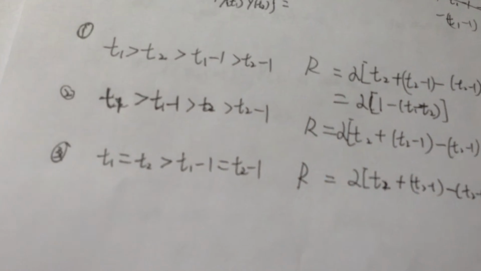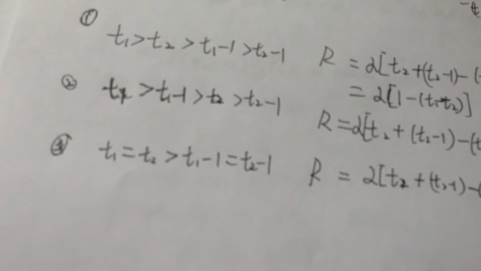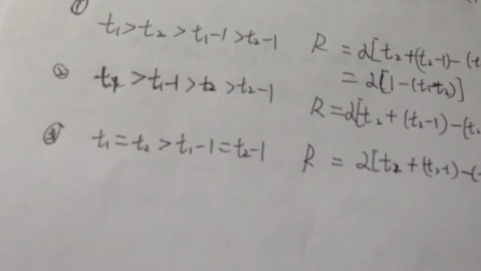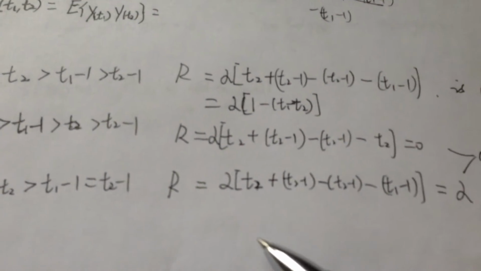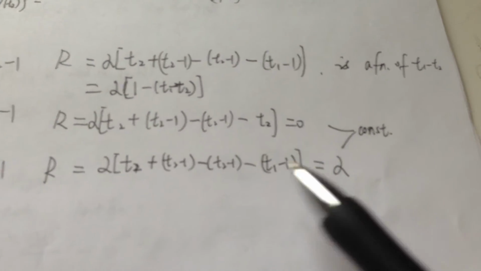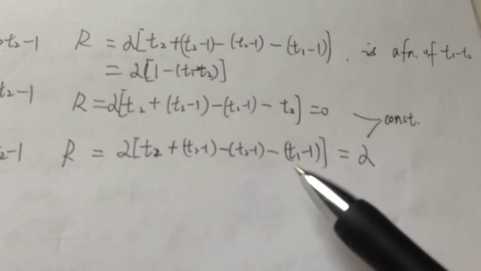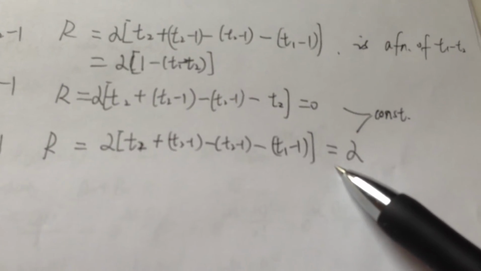There is another situation, that is t1 equals t2, and they are greater than t1 minus 1 and t2 minus 1. Then R equals alpha times t2 plus (t2 minus 1) minus t2 plus 1 and minus t1 plus 1. It's alpha, also a constant.